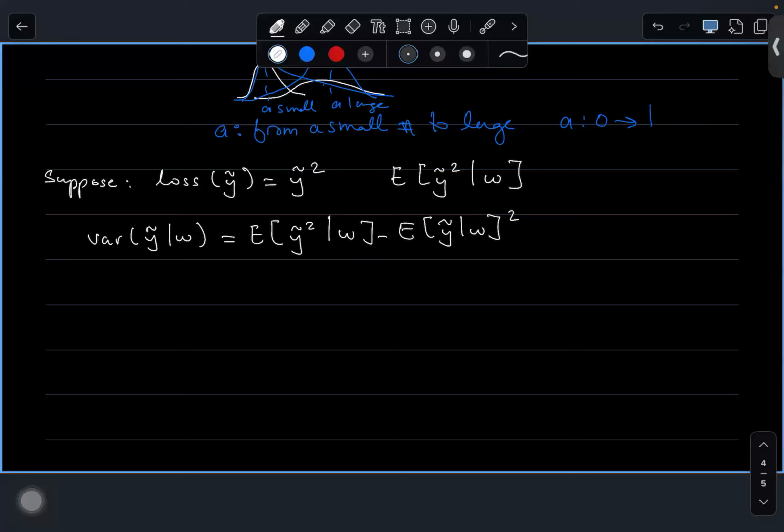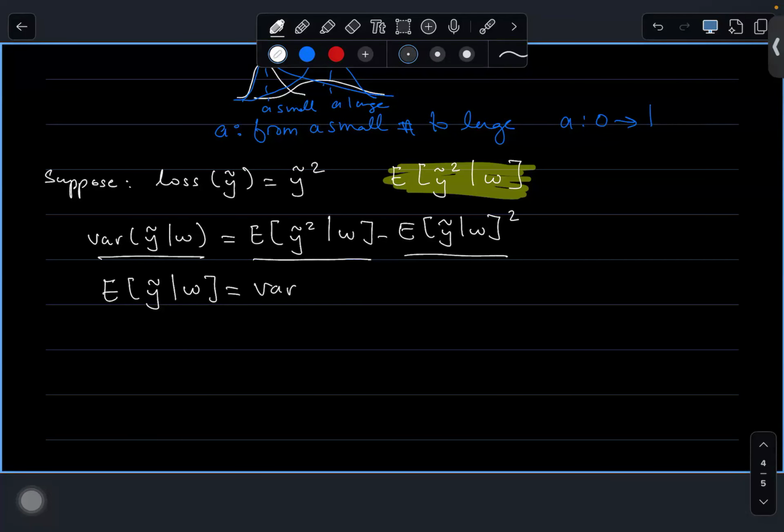My task in a learning paradigm is to minimize this expected value because my loss function is squared error. But if I have a squared error, what I have is a term related to the variance and the mean being squared. So the expected value of the square of my errors is the variance plus the mean of my errors squared.